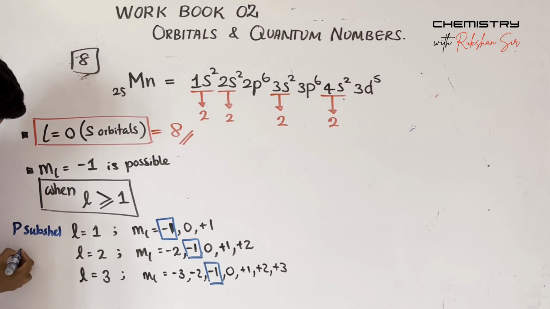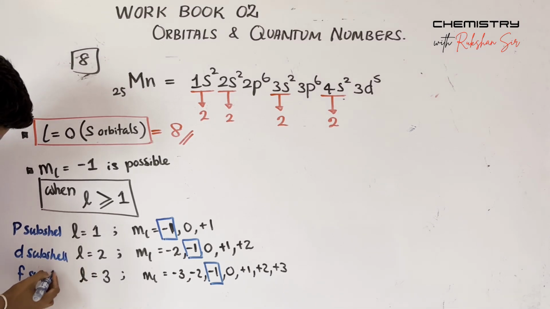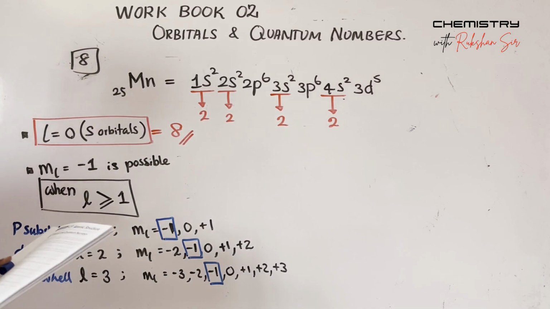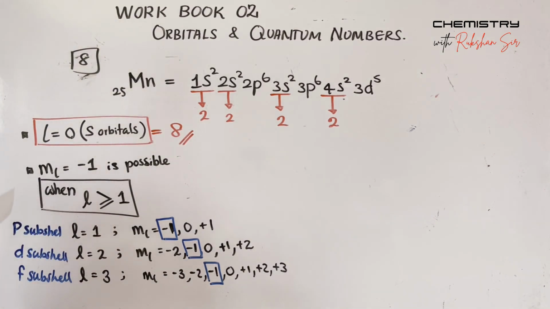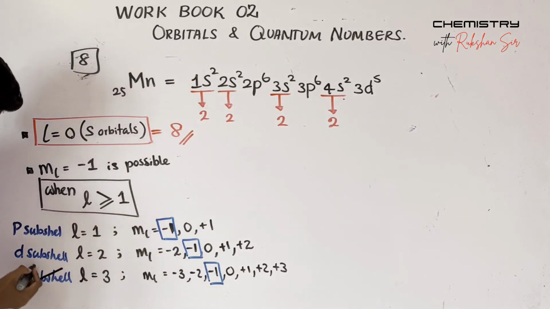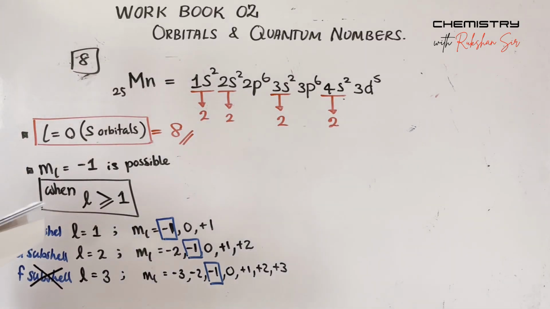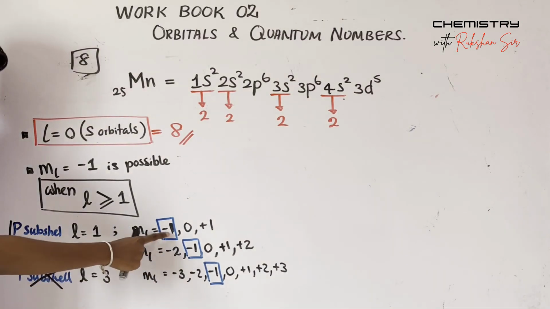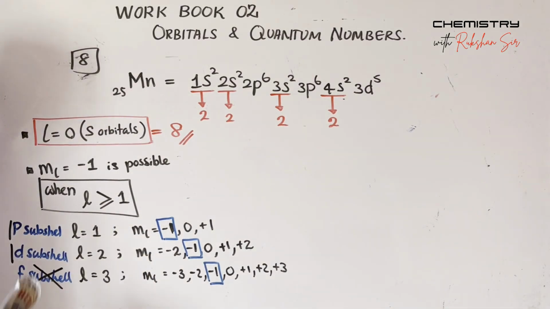L equals 2 means d subshell. L equals 3 means f subshell. But f subshells are not there with manganese, so no need to consider this. So we need to come up with the number of electrons in the p subshells as well as the d subshells.